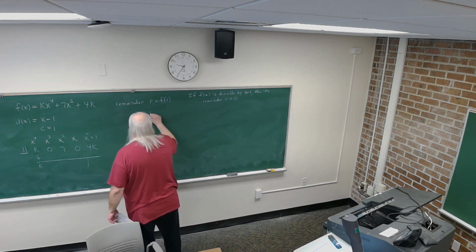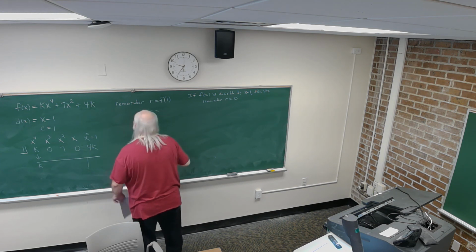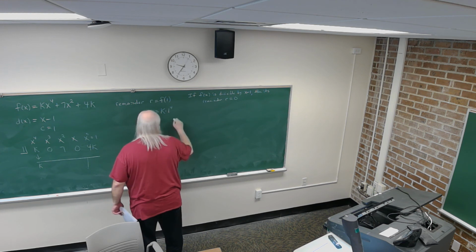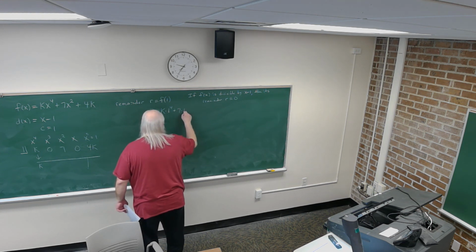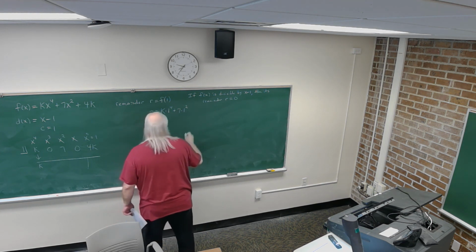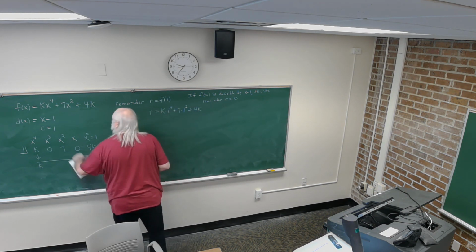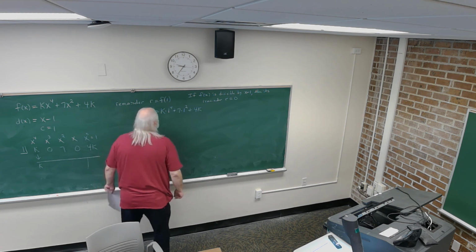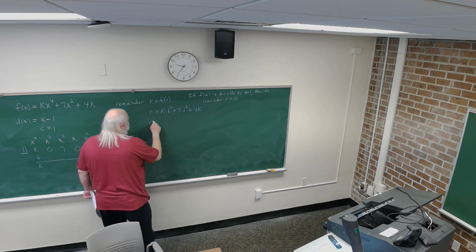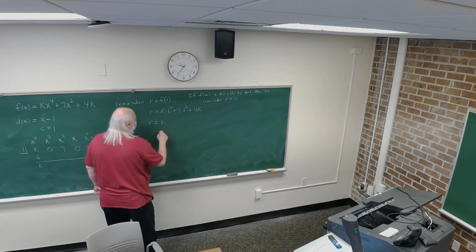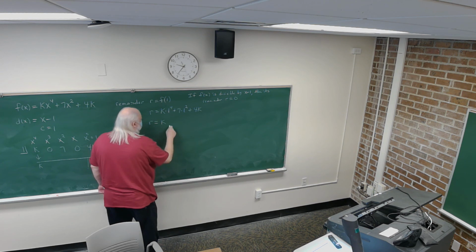Well, f of 1 is equal to k times 1 to the 4th plus 7 times 1 squared plus 4k. Remember, putting in 1 for x. When we simplify, 1 to the 4th is just 1, so we have k times 1, which is k. 7 times 1 squared is 7.